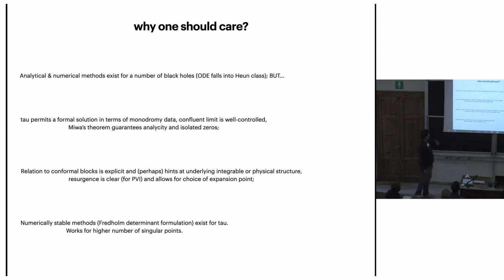There is an extra thing, and this is about structure, right? There is this relation to conformal blocks, which is basically explicit. I mean, it's there, and I have this underlying feeling that if you want to understand what conformal field theory has to do with black holes, this is the proper way to think about that. I know there are many people that say many different things.